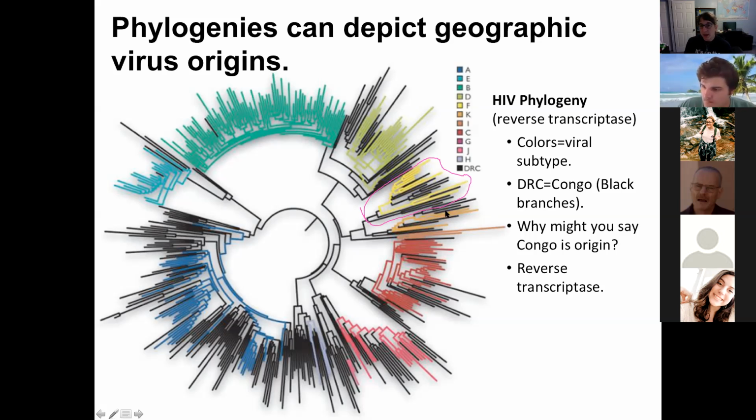And you do see the same pattern in orange. You see it in red, in pink, in blue. And so from this, we can infer that the source of HIV is from a population in the Congo, right? Because every new infection, new evolutionary lineage is sister to something from the Congo.